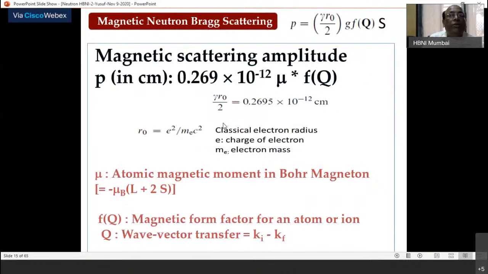When you talk about the absolute value of the magnetic scattering amplitude in terms of Bohr magneton, it is like this. Here the unit is centimeter. It is the scattering amplitude, nothing but the scattering length, and its dimension is length. Here mu is in Bohr magneton, that I must tell you.